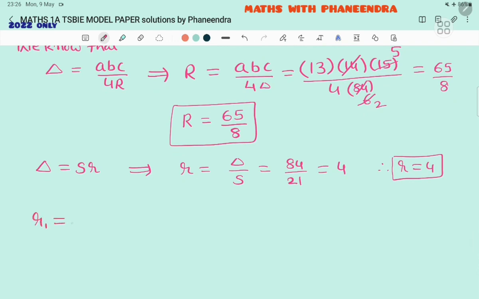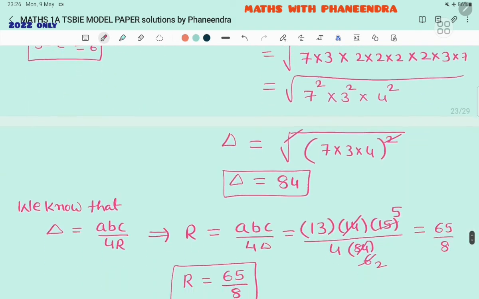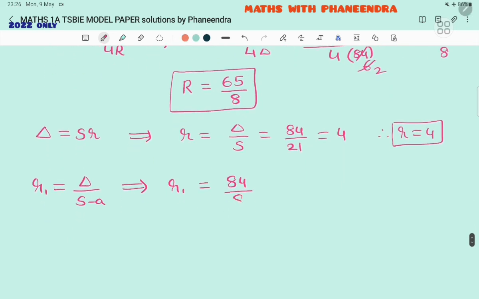Next, r1. r1 is equal to the formula delta by S minus a. It implies r1 is equal to the delta value 84 by S minus a, which is 8. 4 21s by 4 2s. Therefore, r1 is equal to 21 by 2.